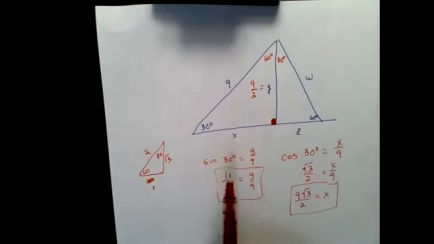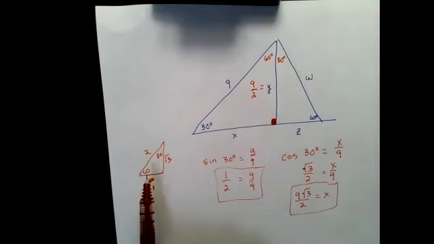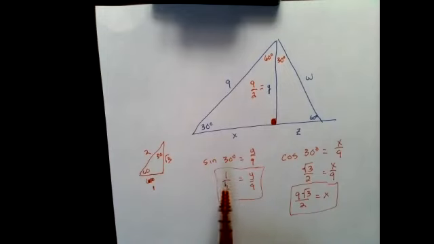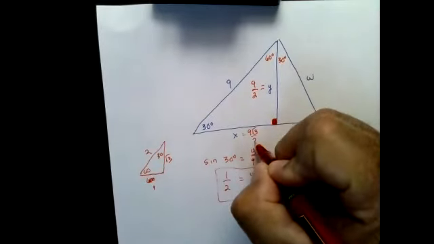So I'm just using what I know, comparing this triangle to this triangle. Basically, what I'm setting up is something called a proportion. One ratio equals another ratio, and I solve them. So wow, this guy ended up being 9 square root of 3 over 2.